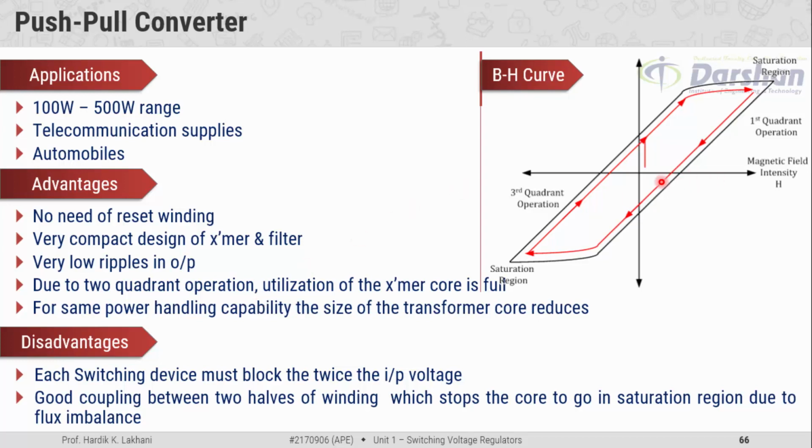This BH curve may get shifted more towards the first quadrant or more towards the third quadrant. So it may happen that the transformer core may go into the saturation region either in the first quadrant or in the third quadrant. So in order to prevent the saturation of the transformer, one has to make sure that proper center tapping on the primary as well as on the secondary side is done.